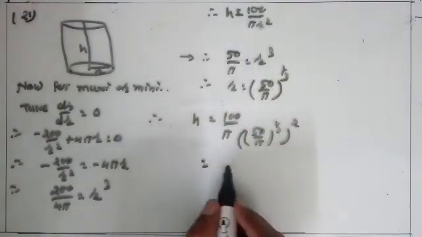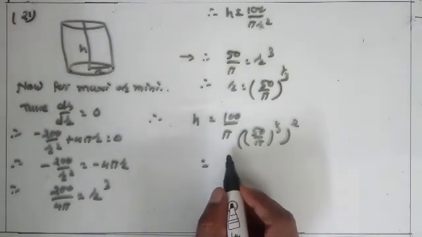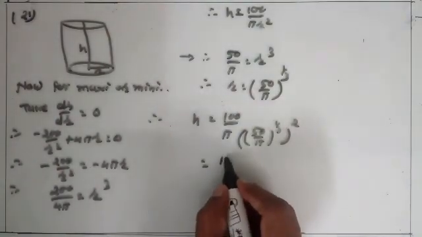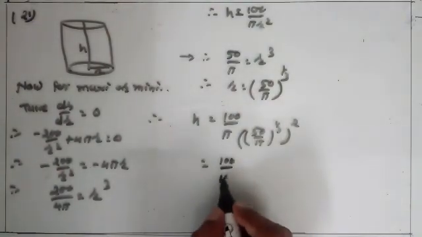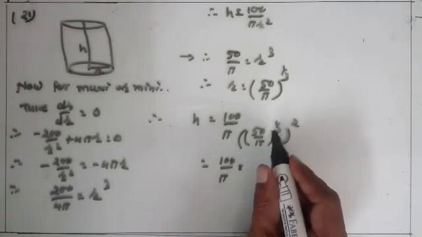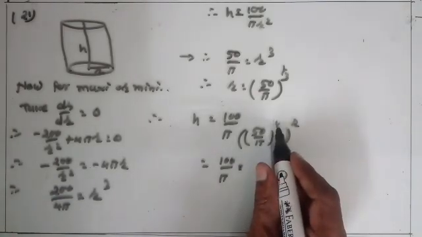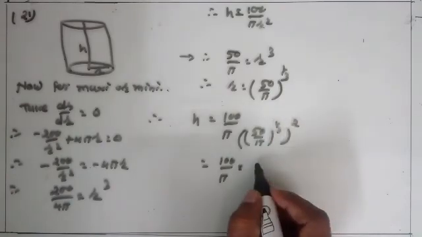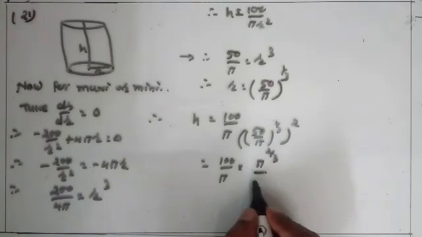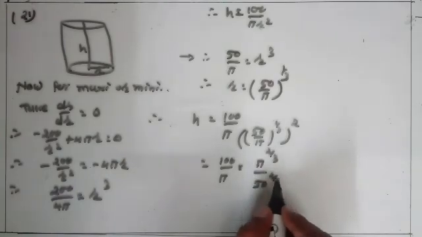Okay. Now simplification. So 100 upon pi into, here (pi raised to 1 by 3) raised to 2 becomes pi raised to 2 by 3, upon 50 raised to 2 by 3. Clear?